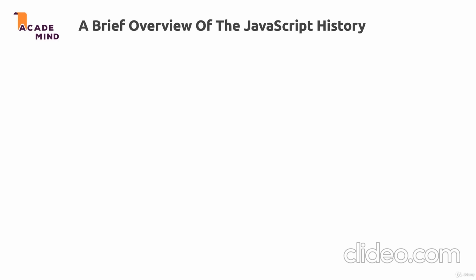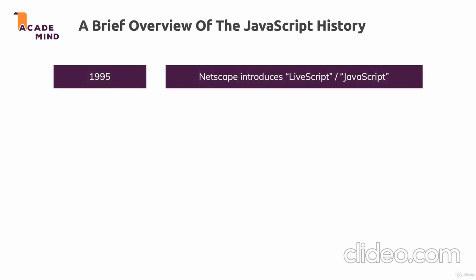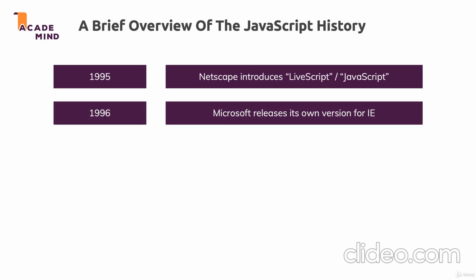So now that we know what JavaScript is and where it runs, let's have a very brief overview of the JavaScript history so that you know how it evolved over time. In 1995, Netscape introduces LiveScript, which thereafter was renamed to JavaScript. Now, in 1996, Microsoft also released its own version of JavaScript in Internet Explorer.